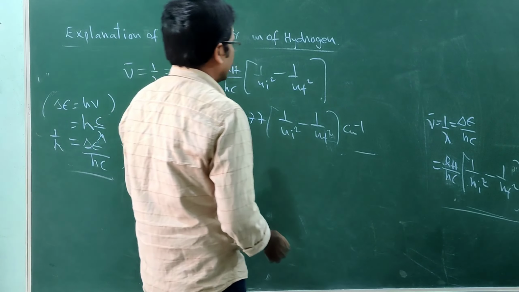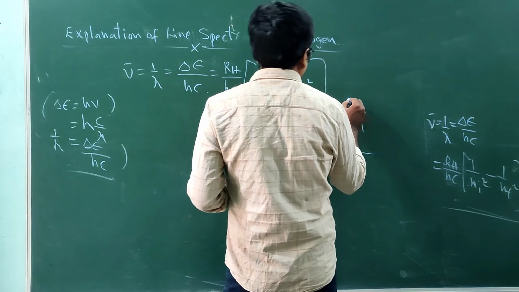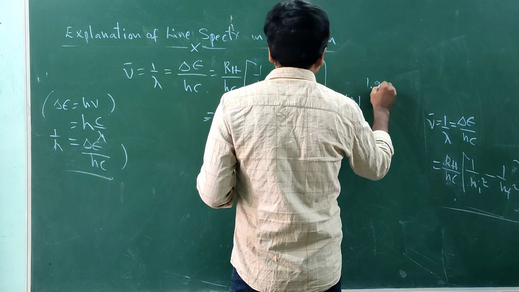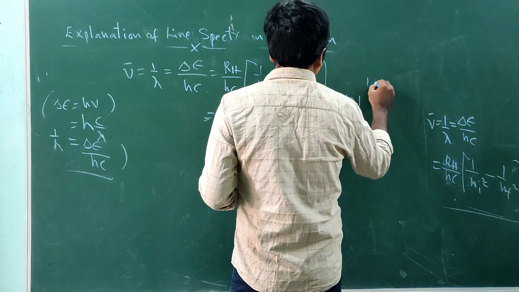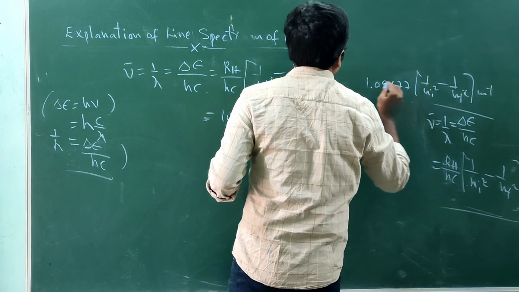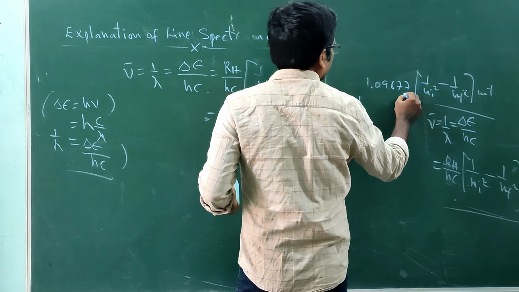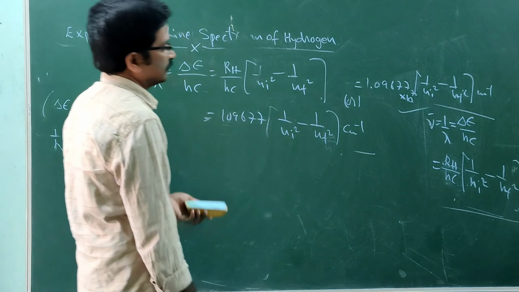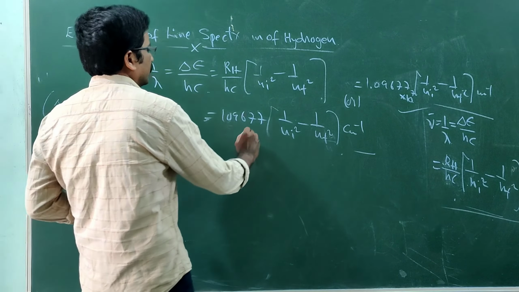So 1 by lambda is 109,677 times 1 by ni square minus 1 by nF square, in centimeter inverse. In some textbooks we may write it like this, which is also correct: 1.09677 into 10 to the power of 7, times 1 by ni square minus 1 by nF square, in meter inverse. You may choose this one or this one, no problem.